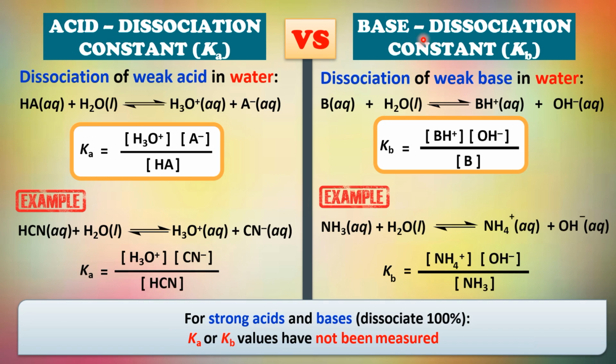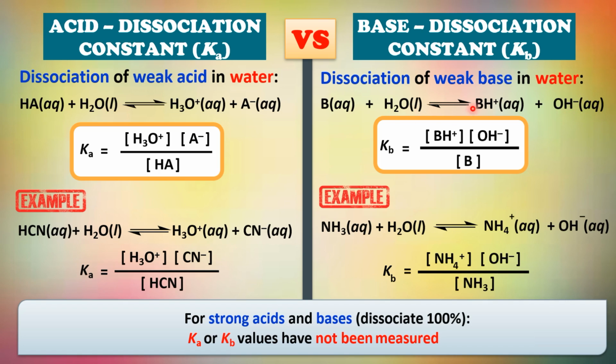As for the base dissociation constant, Kb refers to the dissociation of a weak base in water. Let's say B here refers to the weak base dissociating in water. The base will accept a proton, so it will become BH plus, whereas H2O donates a proton, so it will become OH minus.